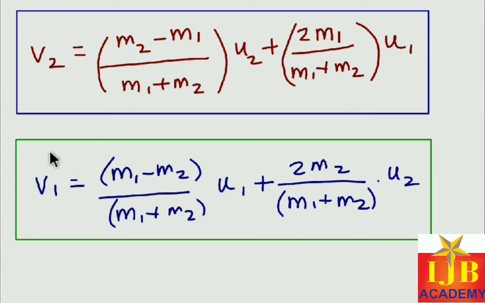Similarly, the final velocity of the first ball will be equal to u2, the initial velocity of the second ball. So in the case of elastic collision, if masses are equal, the velocities are just exchanged. Balls exchange their velocity: v2 is equal to u1 and v1 is equal to u2.